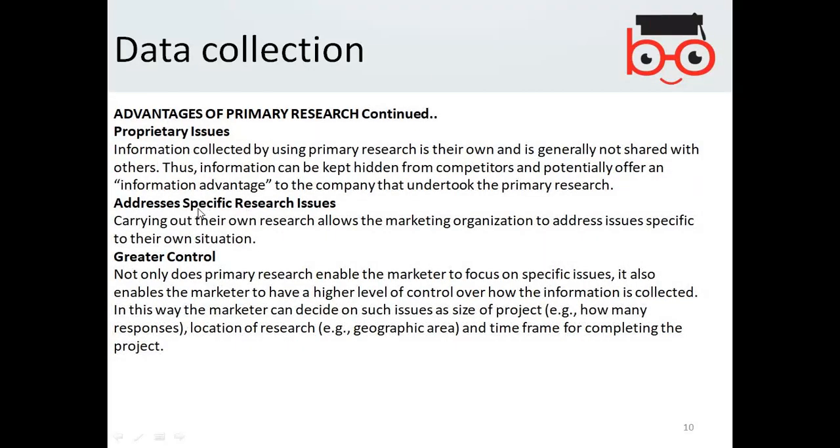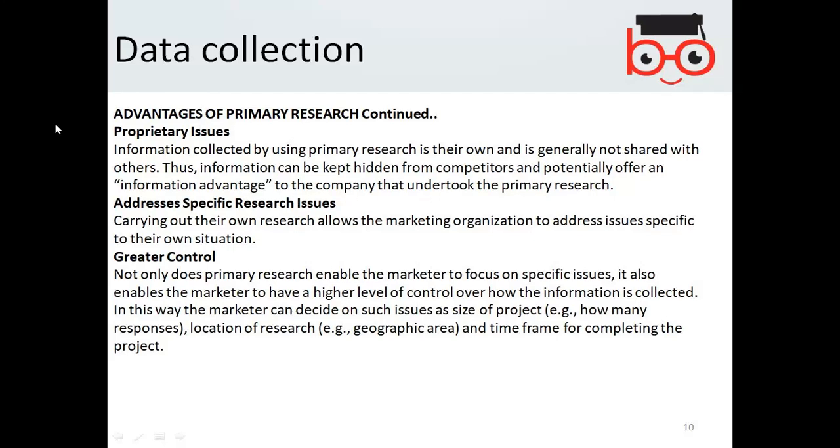Now, a few more advantages of the primary data. Proprietary issues. Information collected by using primary research is your own and is generally not shared with others. Thus, information is kept hidden from the competitors and potentially offers an information advantage to the company that undertook the primary research.